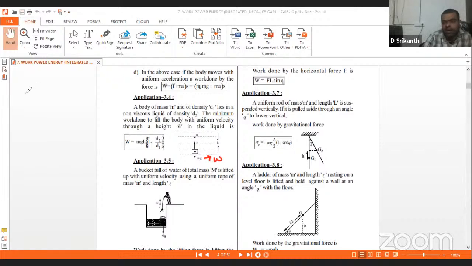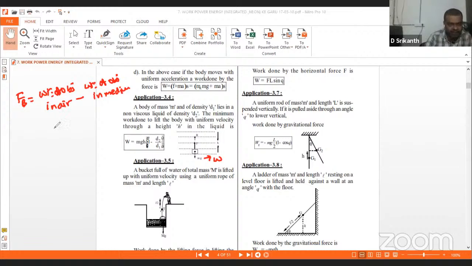According to the law of buoyancy, upthrust is equal to loss in weight. Loss in weight is weight of object in air minus weight of object in medium.